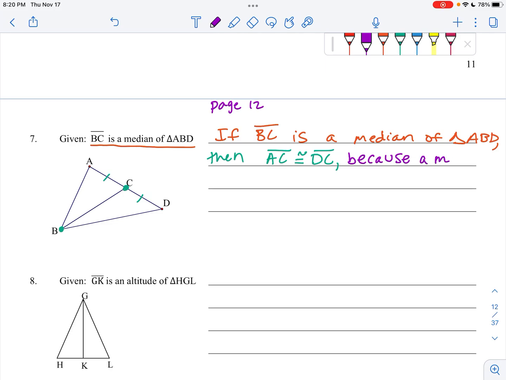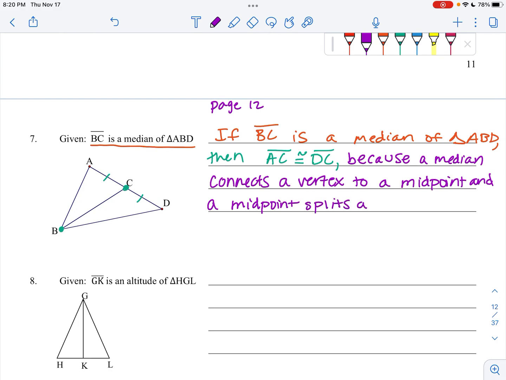So because a median connects a vertex to a midpoint, and a midpoint splits a segment into two congruent parts.